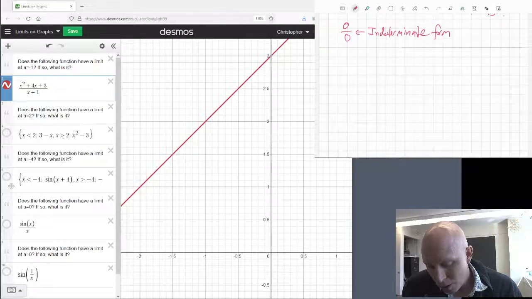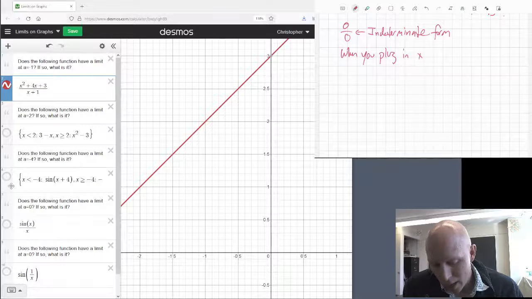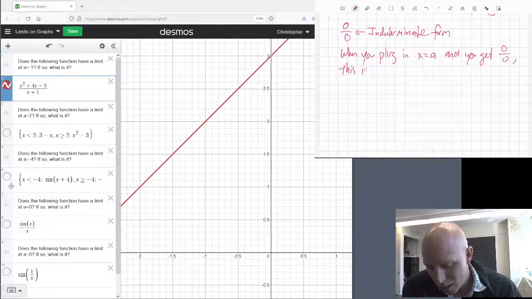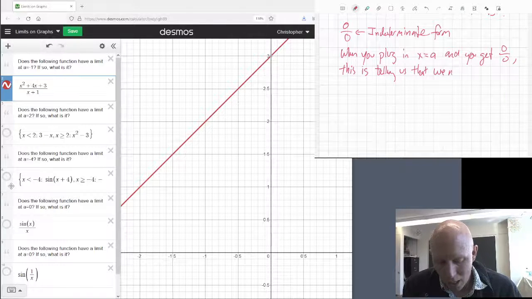So when you plug in x equals a, and you get 0 over 0, or infinity minus infinity, something that doesn't actually have a value, this is telling us that we need to investigate further.